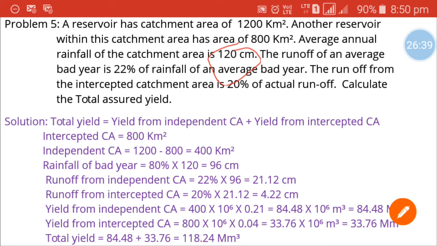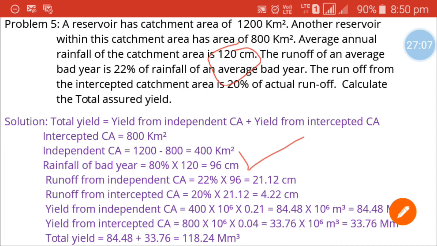We have to first find out the rainfall value for the bad year. That can be obtained by a simple step, multiplying 120 with 80%. So 80% into 120 is 96 centimeter. So 96 centimeter is the rainfall value for the bad year, and that we have to consider to calculate the runoff.